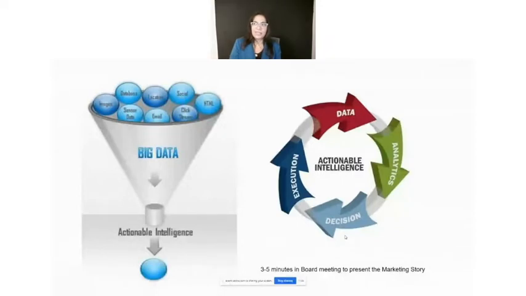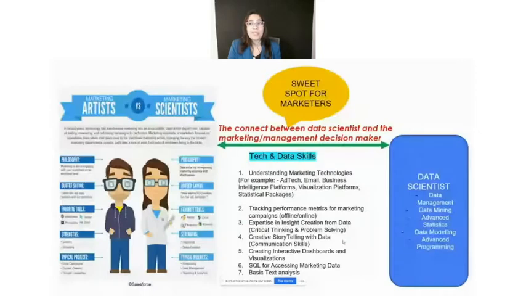So you get the data, you analyze, you make a decision, you execute it, you understand. So there's actionable intelligence which drives the way you run your marketing campaigns. Now, this is where we come to this very sweet spot for marketers. As I mentioned, a marketer can be a part artist, a part scientist. We definitely do not want them to be two different roles. We want them, as trainers, as teachers, as educators who are training students for the next decade of work.